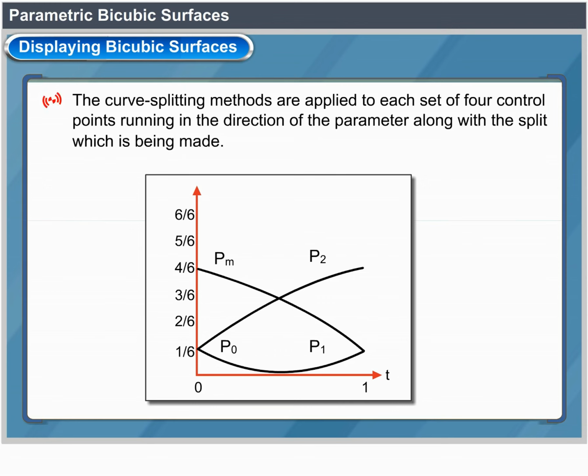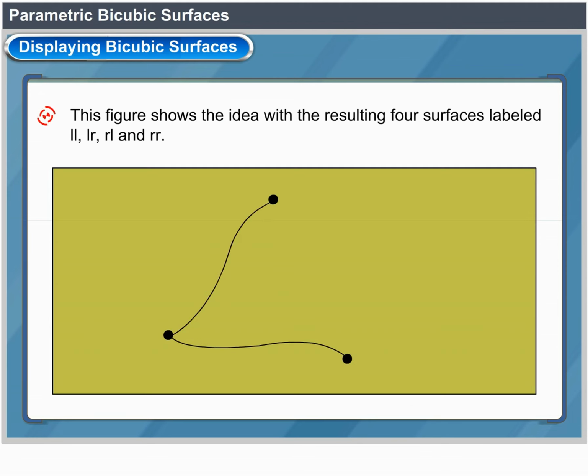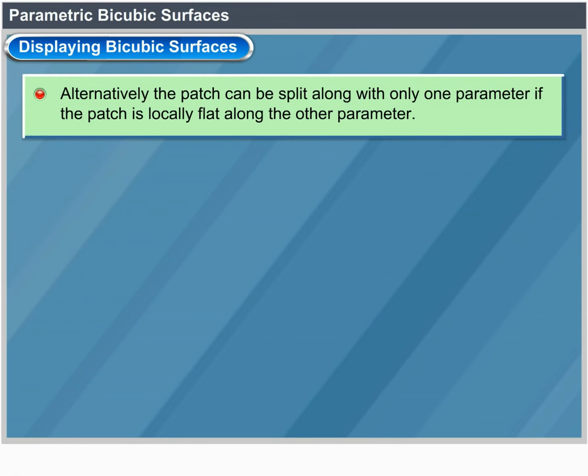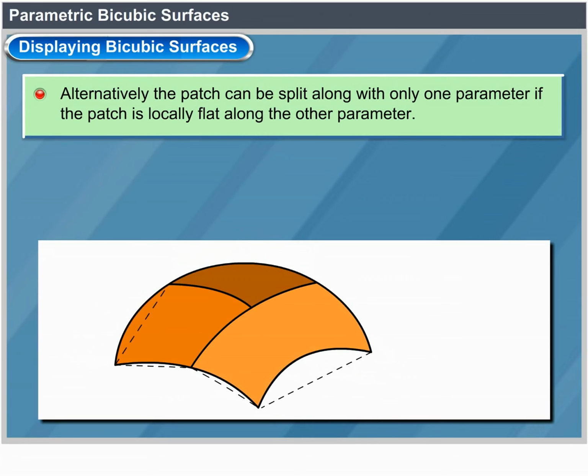This figure shows the idea with the resulting 4 surfaces labeled LL, LR, RL and RR. Alternatively, the patch can be split along only one parameter if the patch is locally flat along the other parameter.